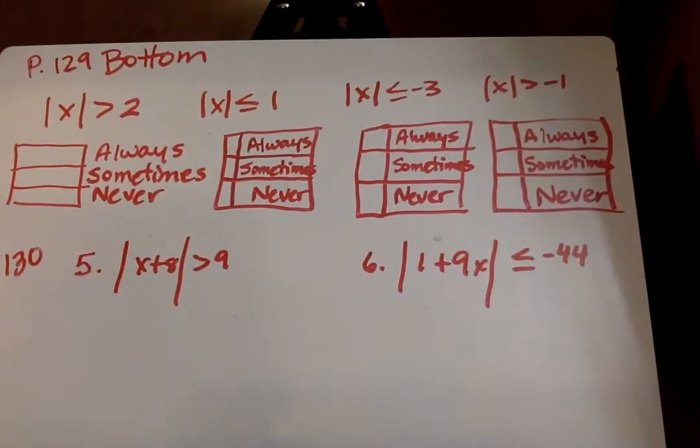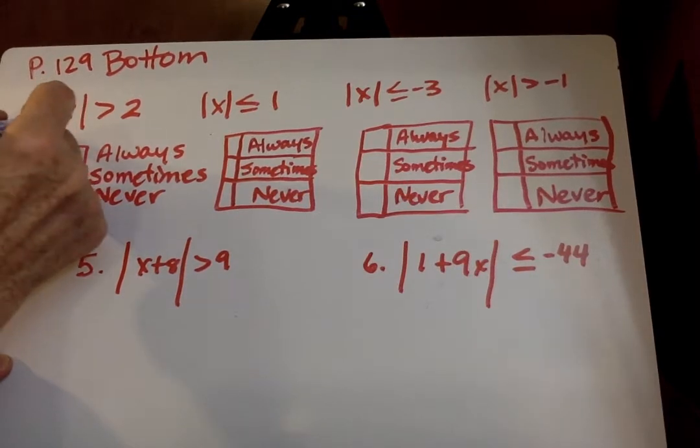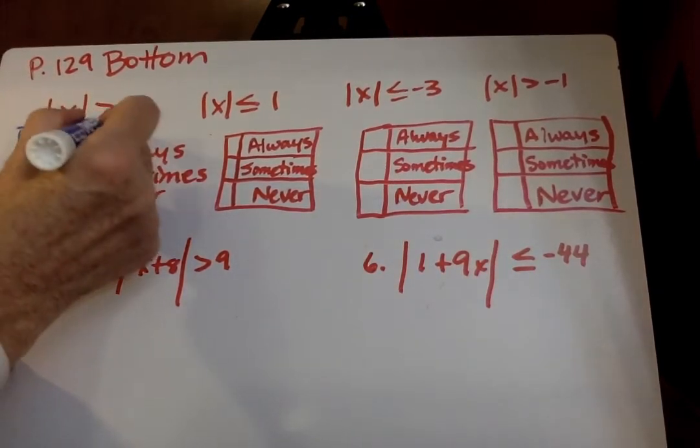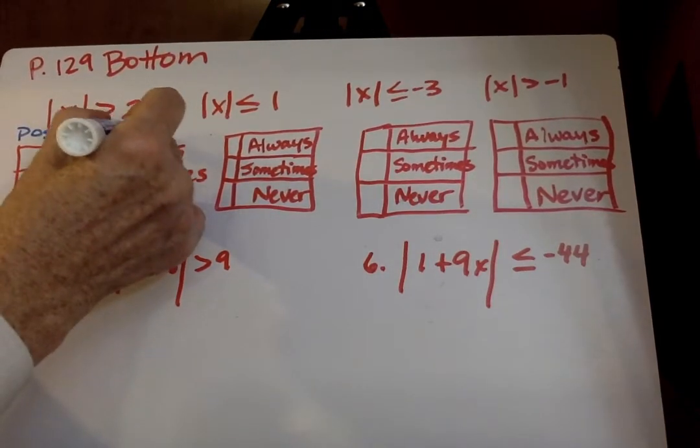Next, we're going to go ahead and go over the bottom of page 129. Absolute value of x is greater than 2. Okay. Again, we're going to say this is positive. Anytime you see this, think of positive. It could also be neutral. Let's see, positive. Is that greater than this positive?